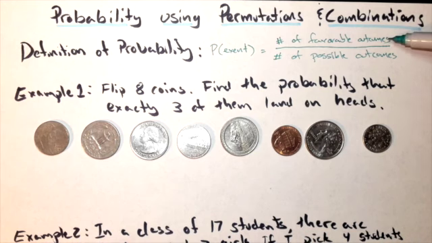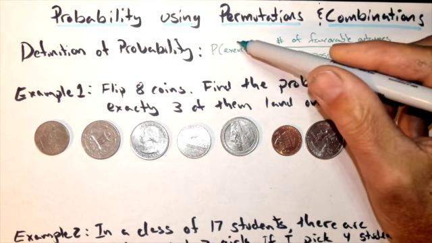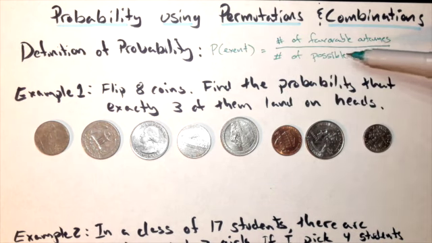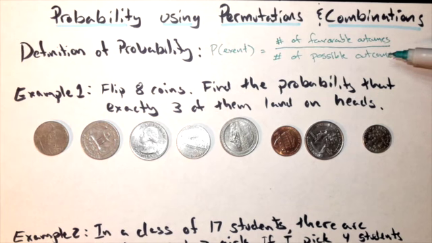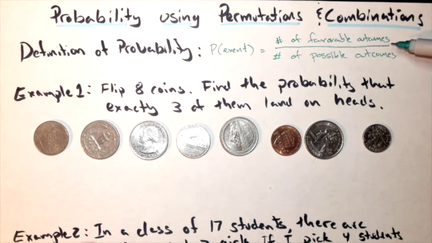And this numerator could be thought of as the number of elements in the event. Like that's a favorable outcome. It's got to be one of the possibilities that makes this true. And then the possible outcomes, you just have to calculate those. But this becomes just a counting problem.